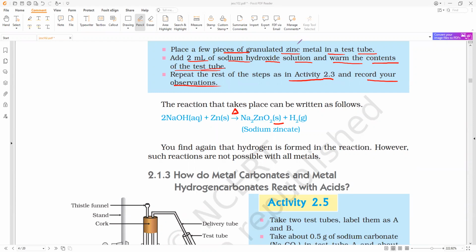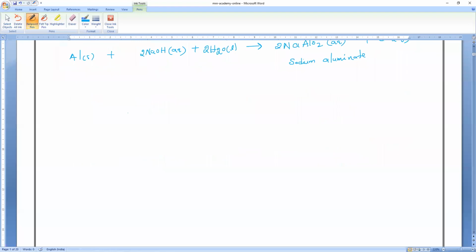Yes, sir. So next, you can see reaction with the non-metal oxides. Metal oxides, it won't be. So let us see how non-metal oxides will react. Directly, fourth property: reaction with non-metal oxides.